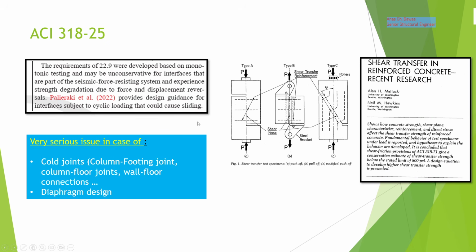Also here we have some important commentary added in 318-25. The commentary states that the requirements of 22.9 were developed based on monotonic testing and may be unconservative for interfaces that are part of a seismic force resisting system and experience strength degradation due to force and displacement reversals.